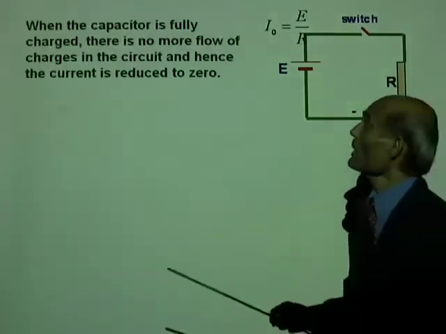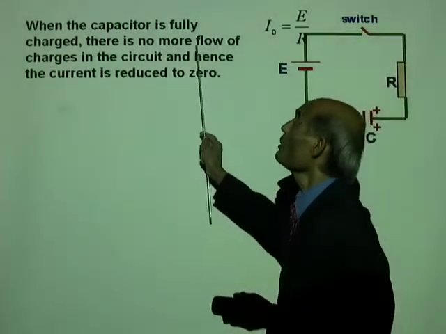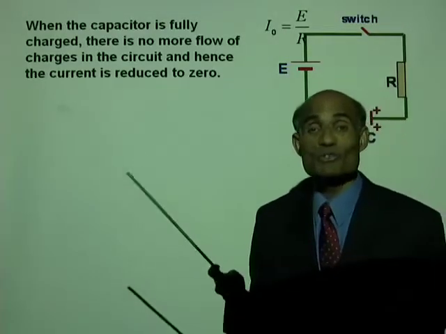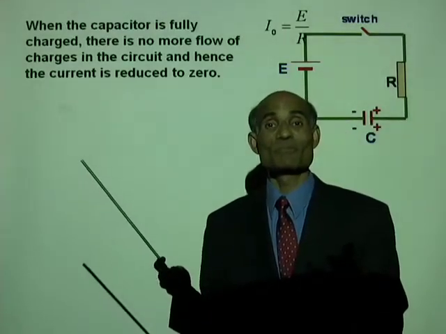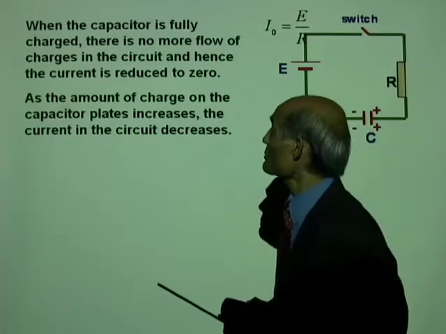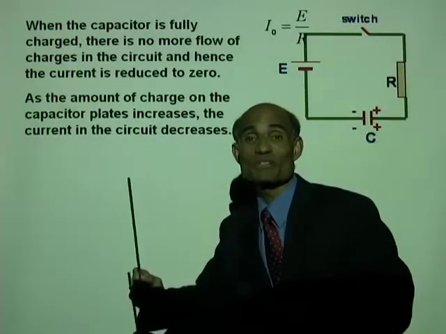Alright. When the capacitor is fully charged, there will be no more flow of charges in the circuit, and hence the current will reduce to 0. As the amount of charge on the capacitor plates increases, the current in the circuit decreases.